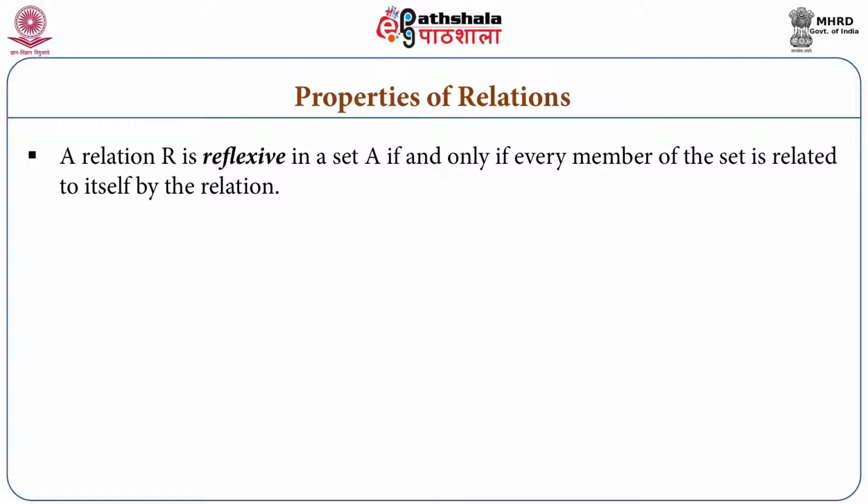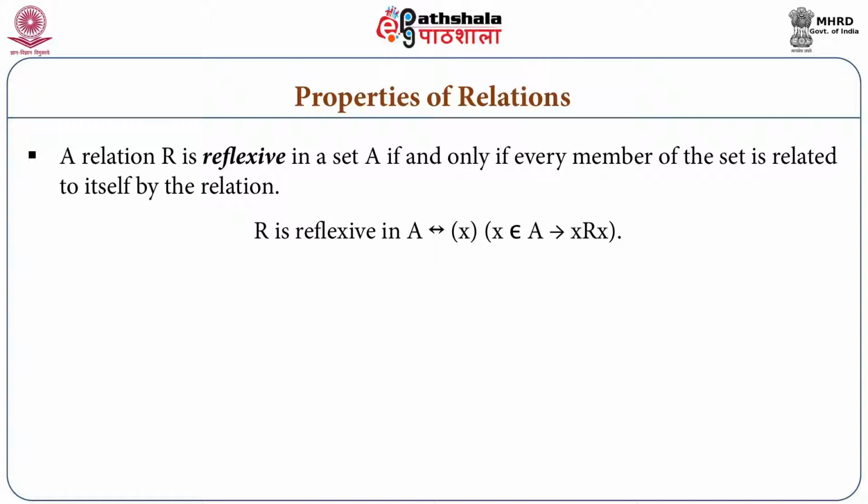R, technically put in symbolic language, is reflexive in A, if and only if for all values of x, if x is a member or element of A, then there should be a relation of x and x related R. X R x, that means x has a relation.